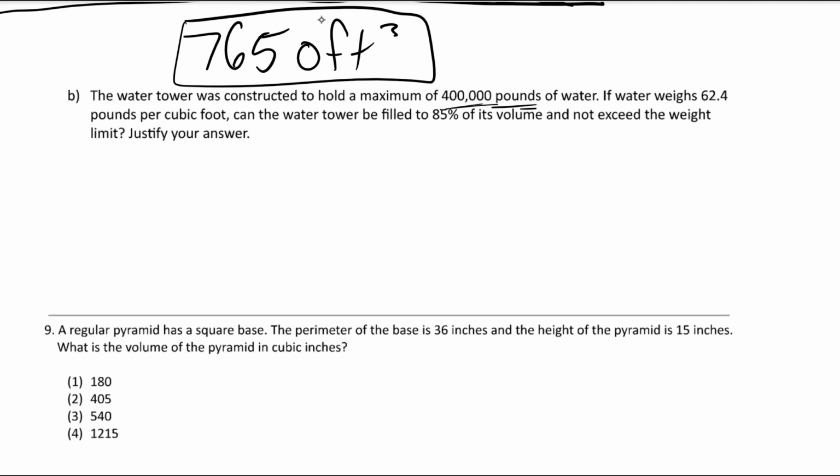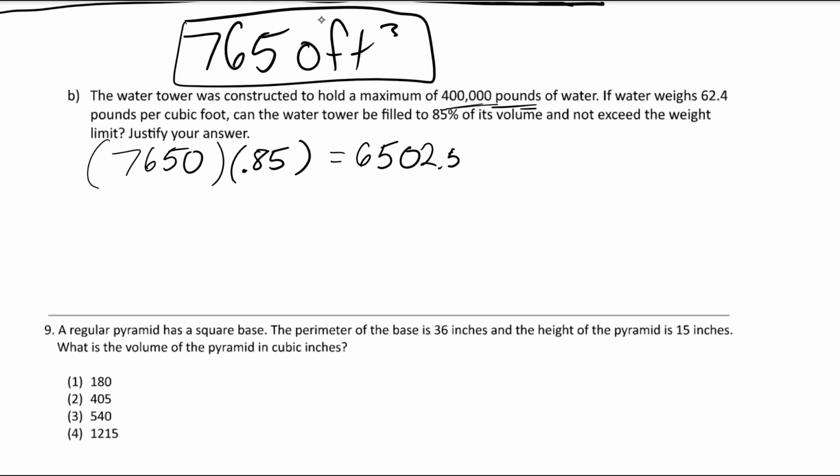Well, this would be the entire volume, and if I only want to consider what 85% of the volume is, I can multiply that number by 0.85. So if I do that, I find that 85% of the volume would be 6,502.5 cubic feet.